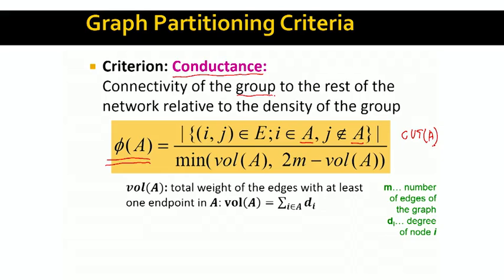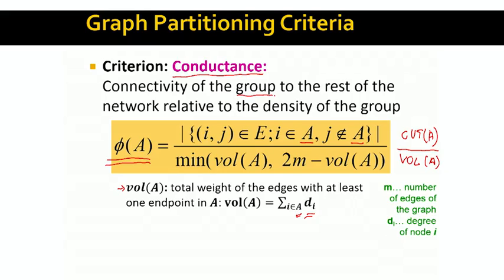We have already defined this. But now we divide the cut by what is called the volume, right? We divide the cut by the volume of set A. And how do we define the volume? Volume is simply the total weight of the edges with at least one endpoint in the set A. In other words, volume is simply the sum of the degrees of all the nodes that are in the set A. And the degree of a node is simply the number of connections adjacent to a given node, right?